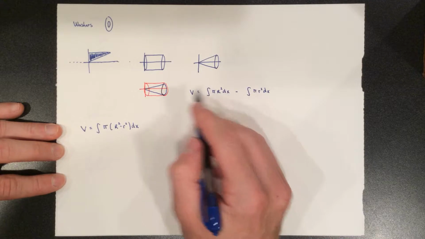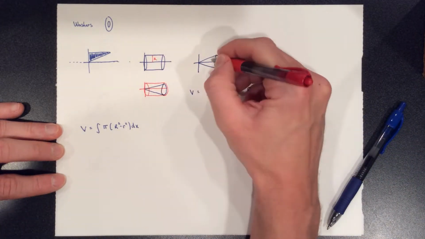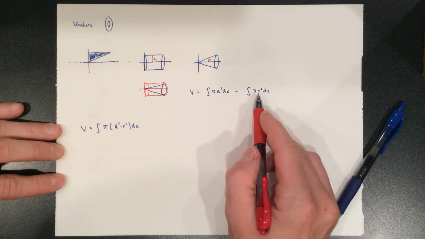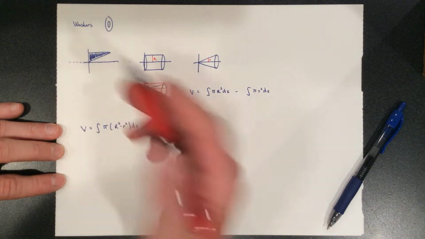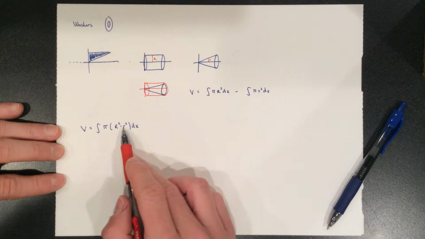Okay, big R would just be this. Little r would just be this. And so this is the volume of the cylinder, this is the volume of the cone, and you subtract, and you get this.